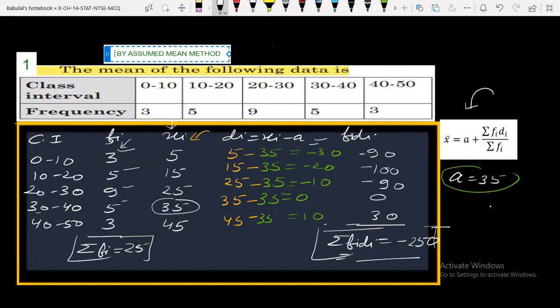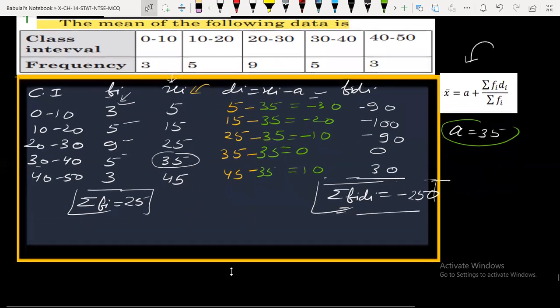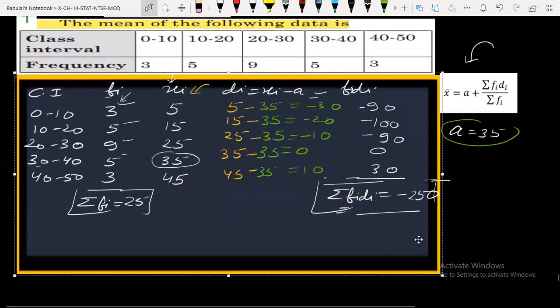You first found the total sum of all the frequencies, and then multiplied di with the corresponding frequency and found the sum. Now you just have to put the values in the formula and get the answer.